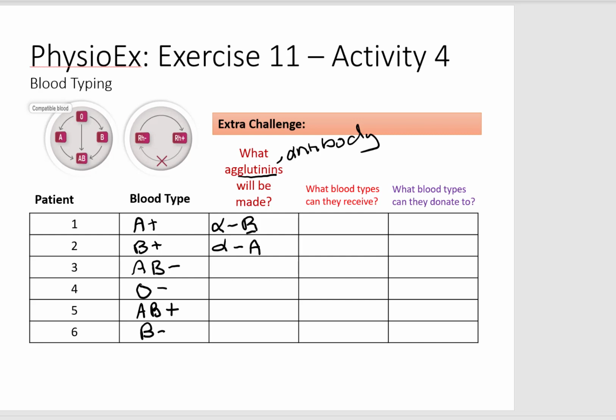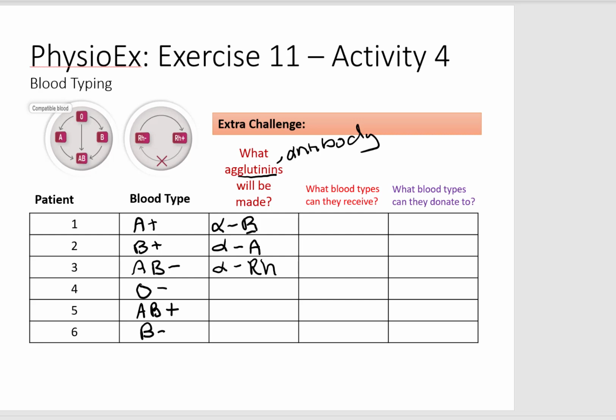Neither anti-A nor anti-B, but they would be making an antibody to something. Anti-RH. Because they don't have RH, we would assume they would be making anti-RH.